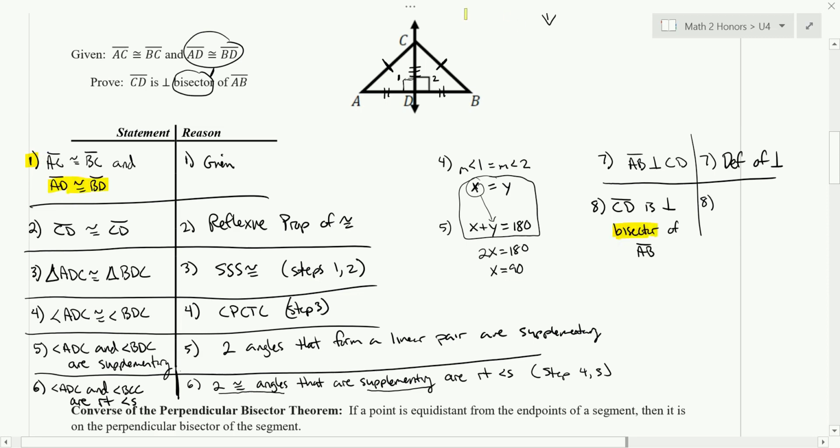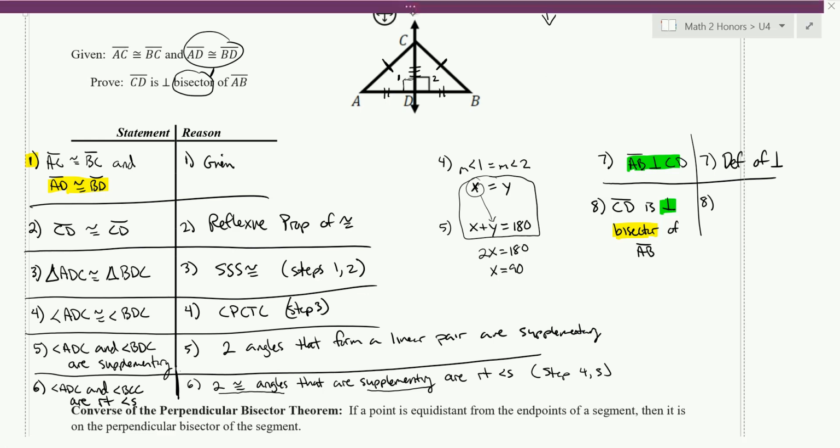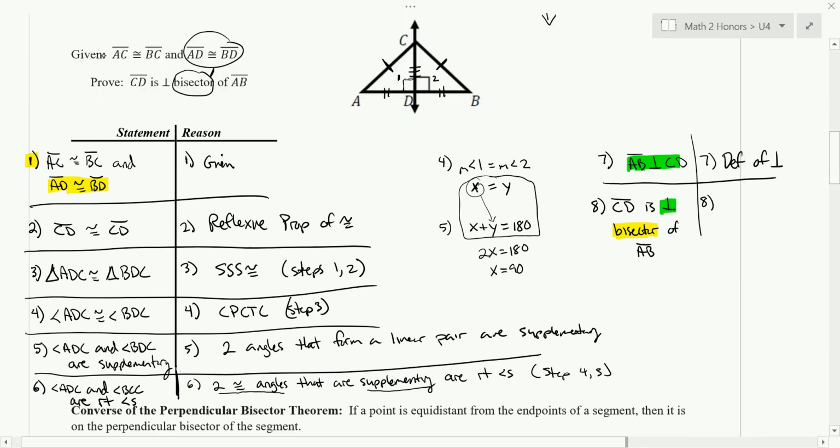And then the other part in 7, this is the perpendicular part, okay? And so we could say, hey, look at 1 and look at 7, and so we know it. What's the reason? Definition of perpendicular bisector. So there's no theorem or anything. We're just relying on definition. So that's step 1, 7.